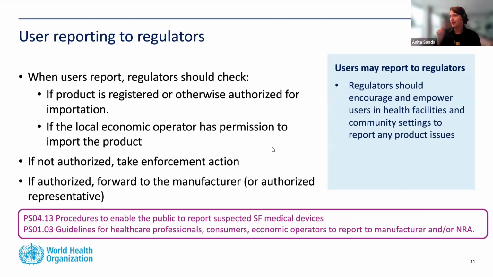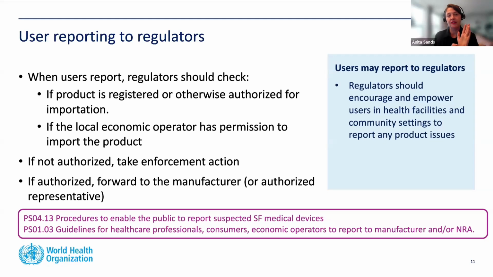As I mentioned, users might report directly to you as regulators. The thing is that they have to know you exist. They have to know how to contact you. And as I said, for a medical device, on the label they'll have the legal manufacturer's name, and they should also have an email address and preferably a phone number that can be texted or called. I do not know of any medical devices where they will put the number of a regulator on there or an email address.